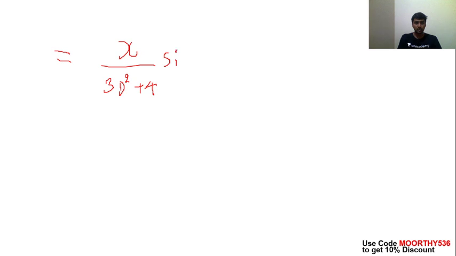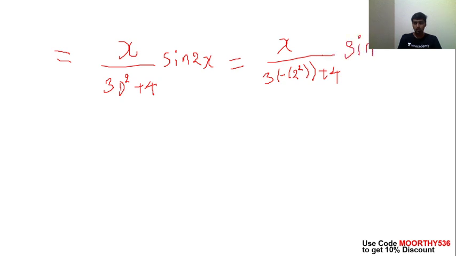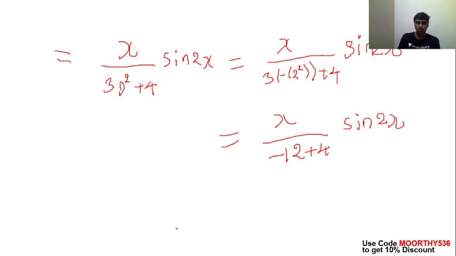Replacing D square by minus 2 square, we get x divided by (3 into minus 4 plus 4) into sin 2x, that is x divided by (minus 12 plus 4), which is minus 8. So minus x divided by 8 into sin 2x.